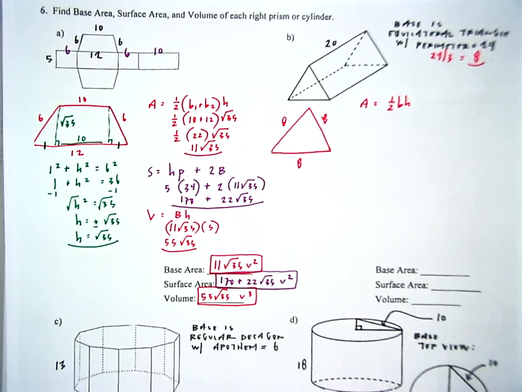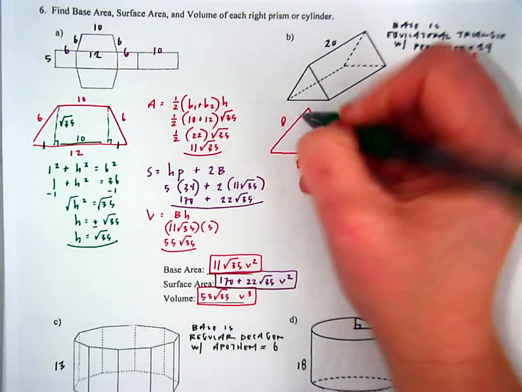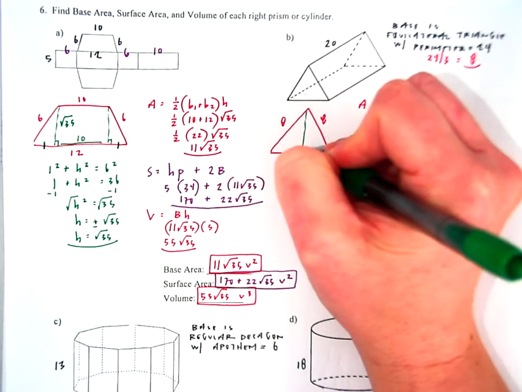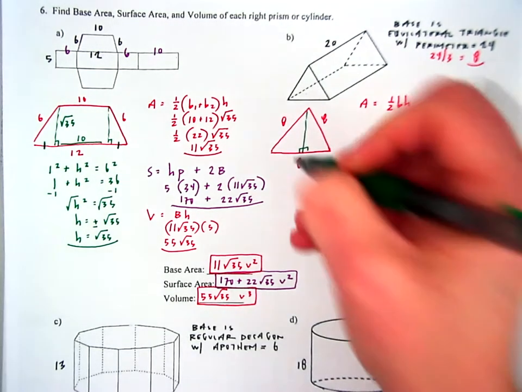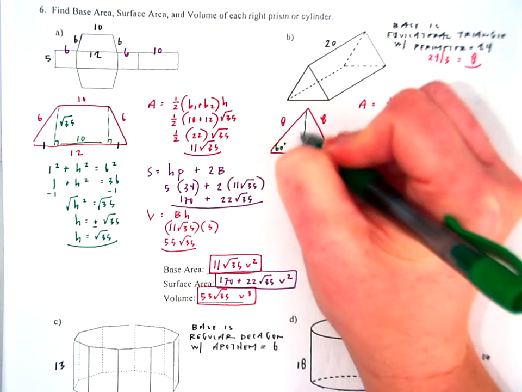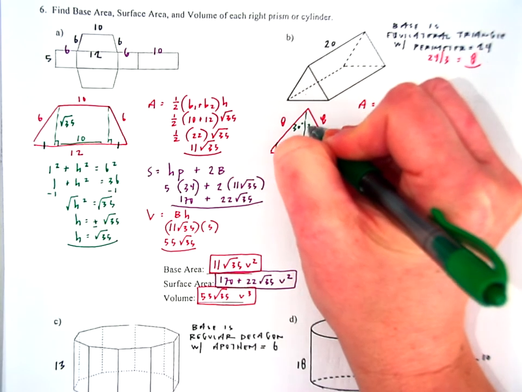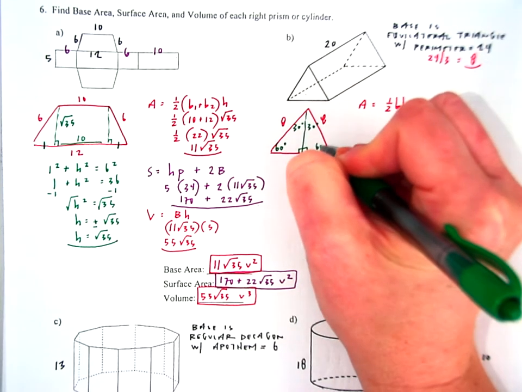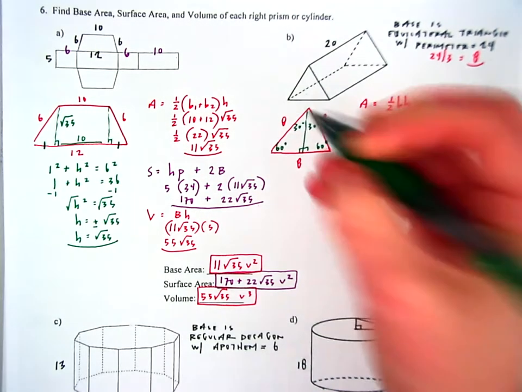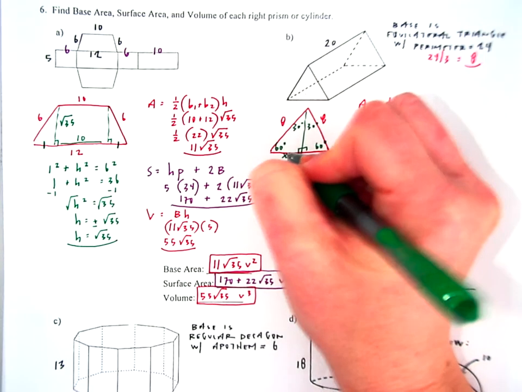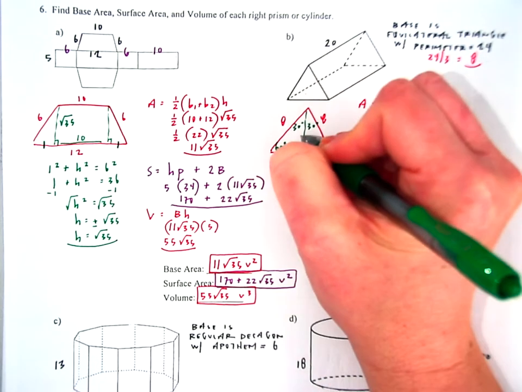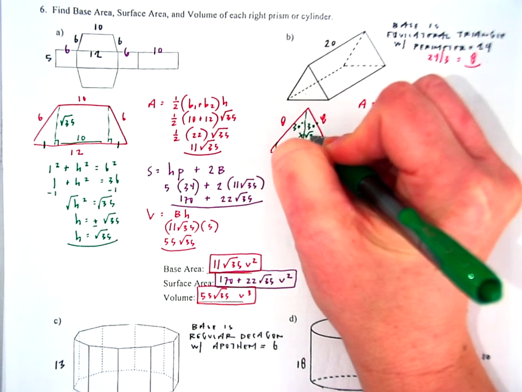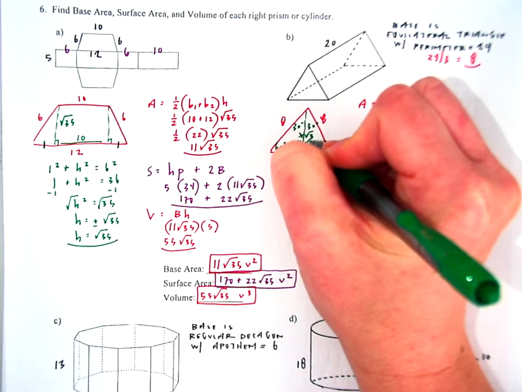So I know that I can split it right down the middle and make 2 30, 60, 90 triangles. Here is my 60, here is my 30. 30 here, 60 here. So I know that right here would be x, which is 4, and then right here would be the x root 3, which would be 4 root 3.